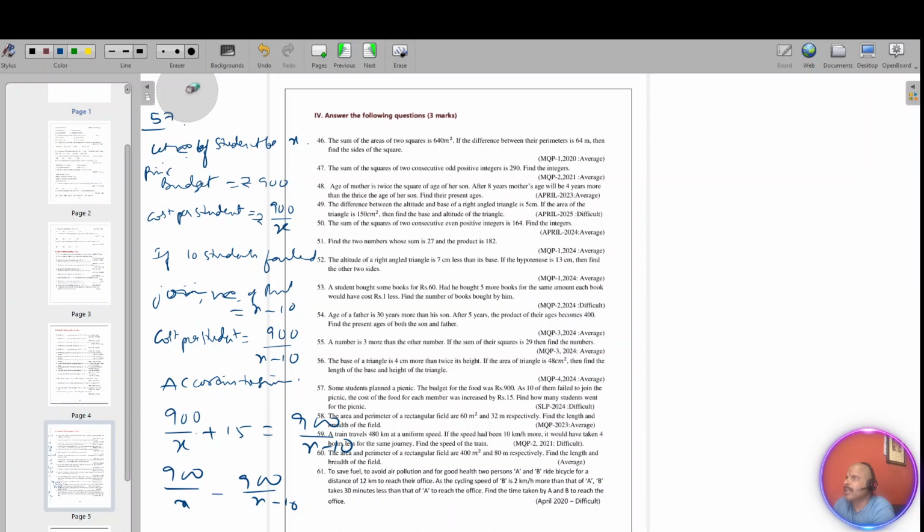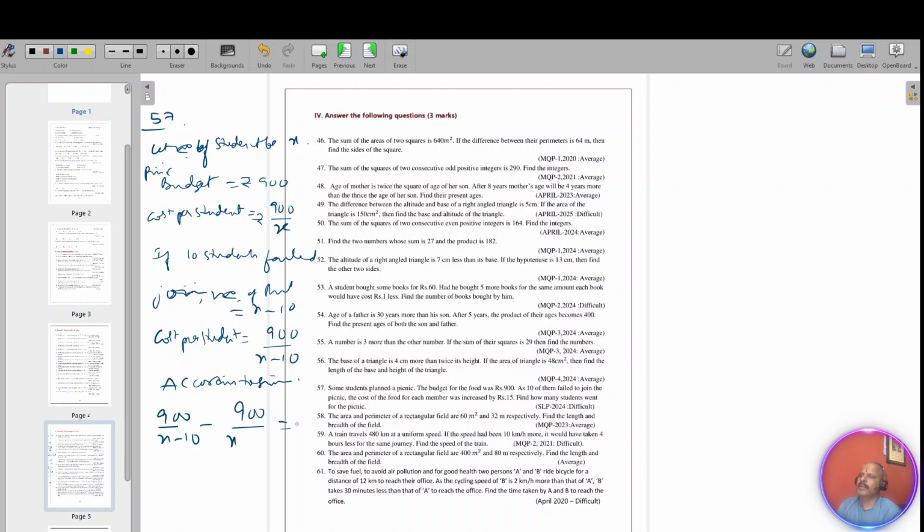Or else what we can do is, in other words, you can solve easily: when 900 by x minus 10, this difference is increased means latter minus before. So this is the answer. This will be increased 15 rupees.